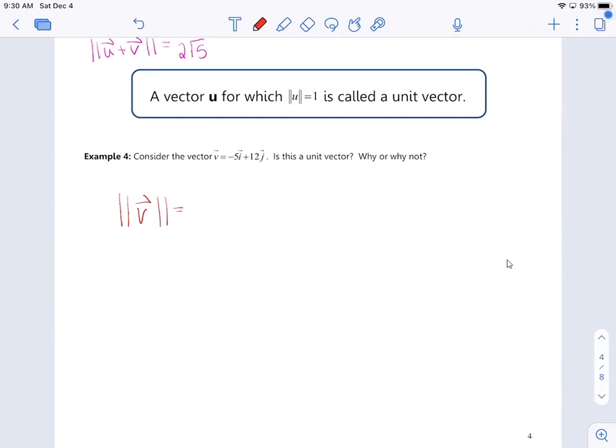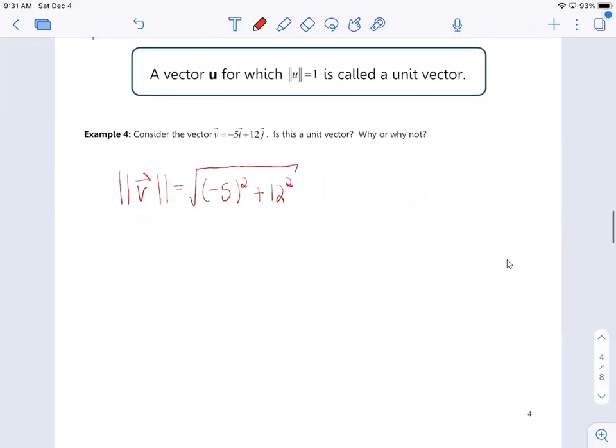If you want, you can create a diagram, or we know it's the Pythagorean theorem. Hopefully we're feeling okay since we've been doing this for a long time. It's just the square root of -5 squared plus 12 squared. If I go ahead and find this, I get 25 plus 144.